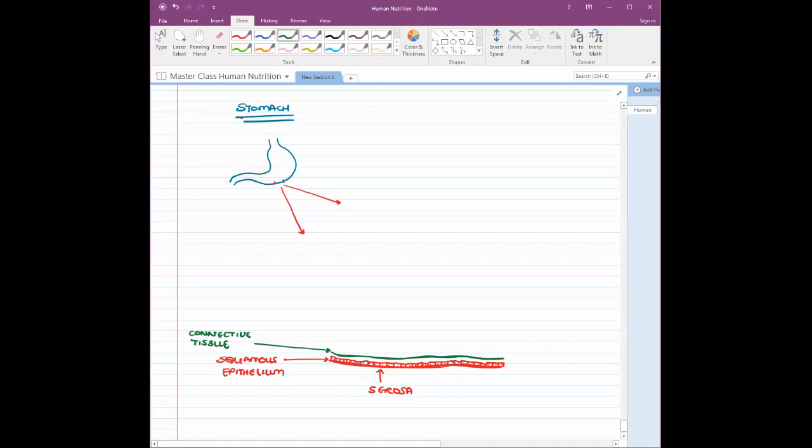As the name suggests, muscularis means it is going to be made up of muscles. So let's imagine that from here until here, you have the second region, muscularis. Now what is the difference? Let me just show you.